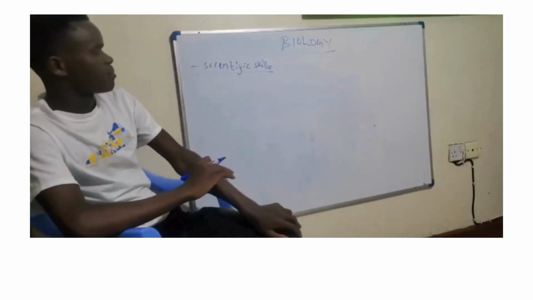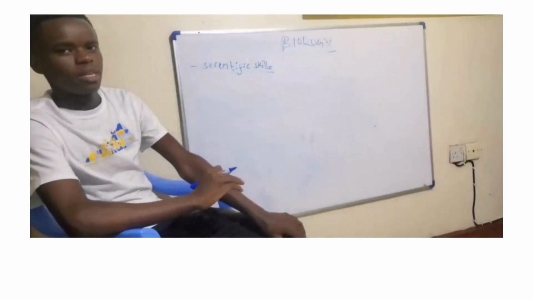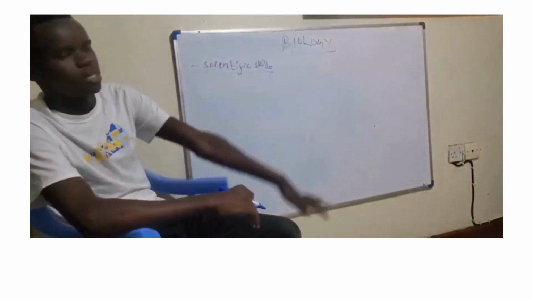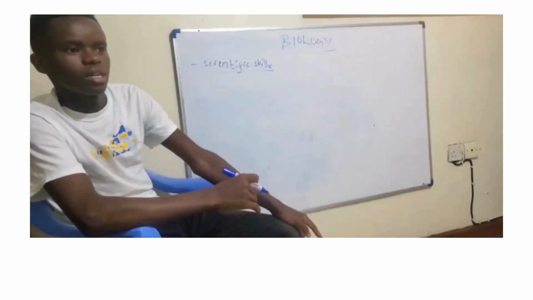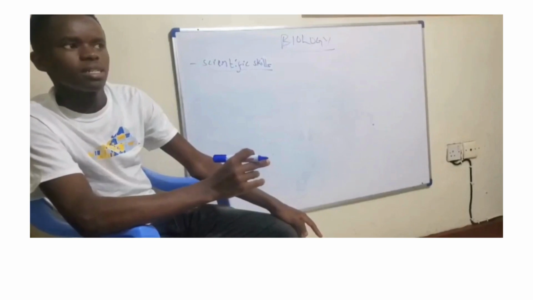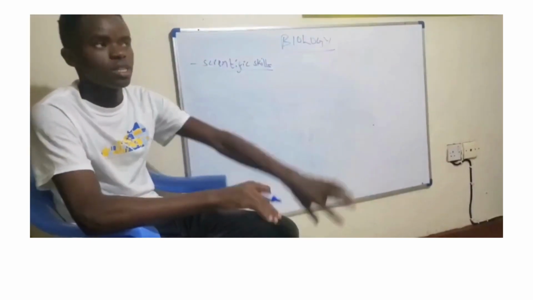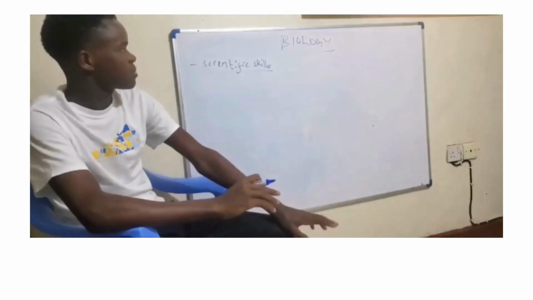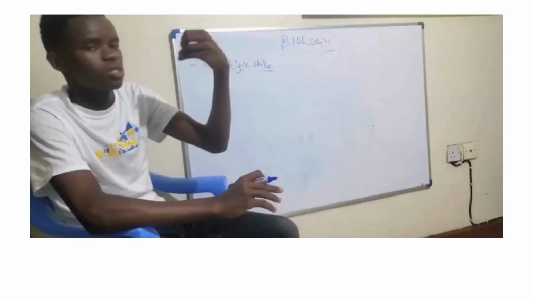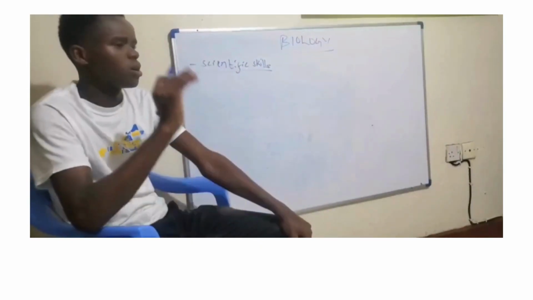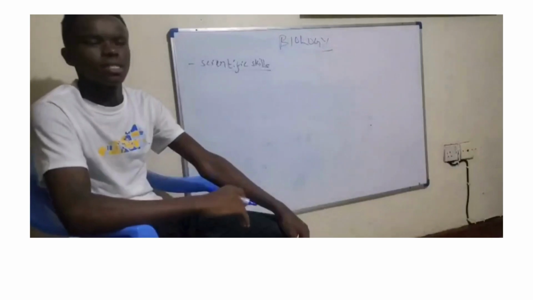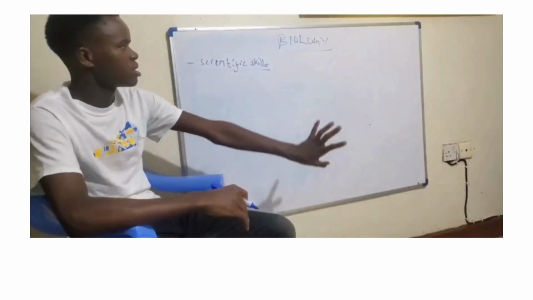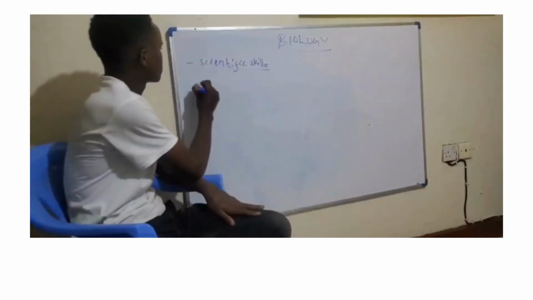What scientific skills am I talking about? For instance, in the next topic, classification, your teacher may ask you to get a specimen from within your school area, and you'll have to take it to the laboratory. So which scientific skills are you going to use during this experiment? First of all is observation.